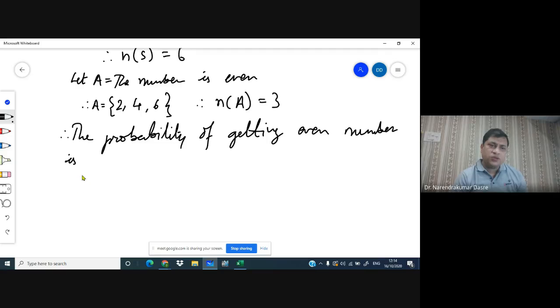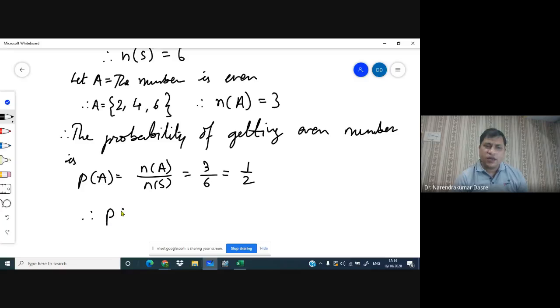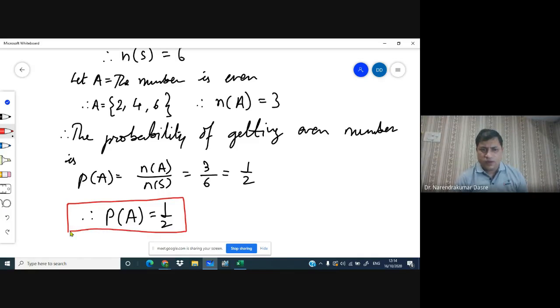Probability of A is equal to number of points in A upon number of points in S. So it is 3 by 6, which is very easy. So it is half. The probability of A is equal to half. So we got the probability of the first event.